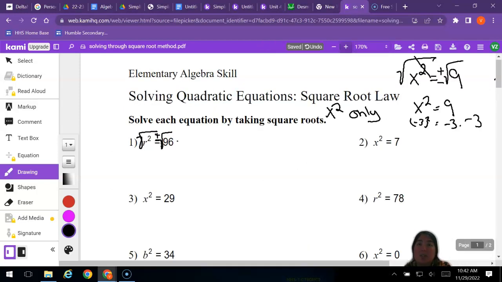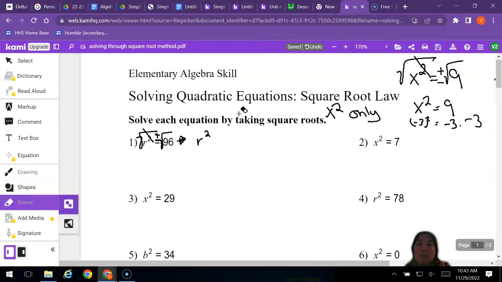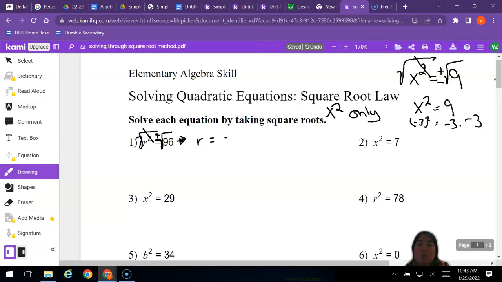These two cancel, and I'm going to get just r, because they cancel, equals the positive square root of 96, and r also equals the negative square root of 96. So it equals both.